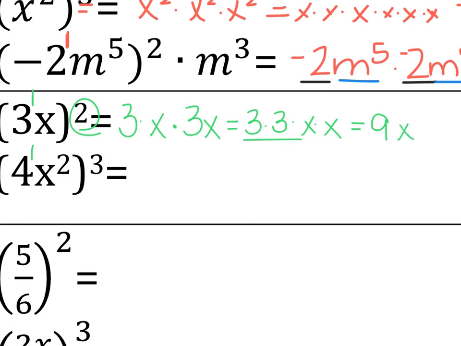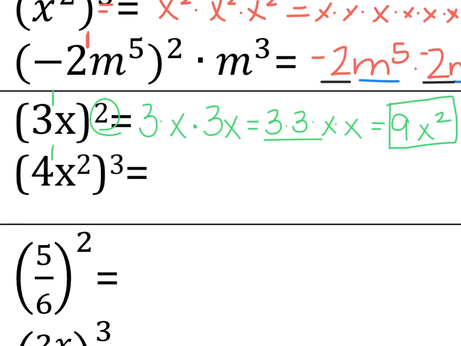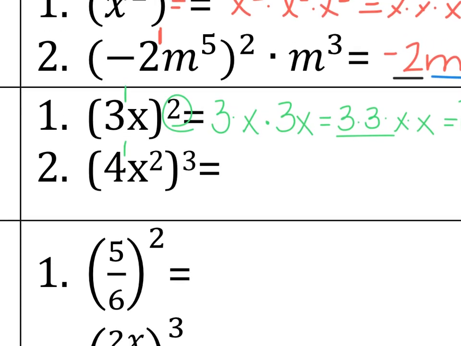And x times x is x squared. If you wanted to do the shortcut, and again, this didn't have an exponent, so we needed to give it a 1, it would be 2 times 1 and 1 times 2, and we would still get 3 squared times x squared, and 3 squared is 9.